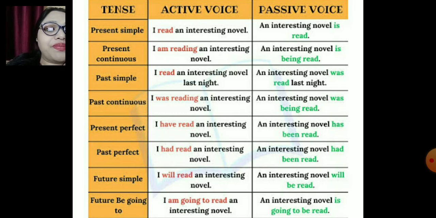For future, be going to, I am going to read an interesting novel. An interesting novel is going to be read. So these are the very basic changes from simple present, present continuous, simple past, past continuous, present perfect, past perfect, and future tense. I hope you all have understood. Moving on to the next slide.